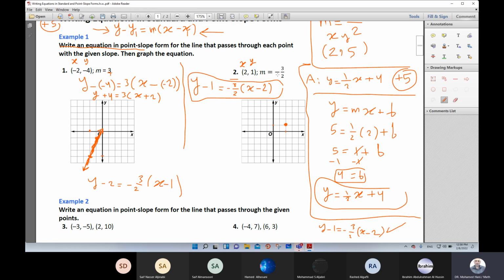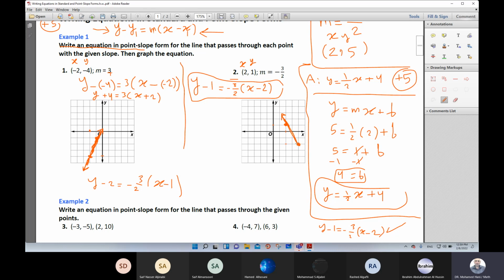The slope is negative, which means go down. So we go 3 units down: 1, 2, 3. Then 2 means go right 2 units: 1, 2. So the point will be here. Then connect the 2 points and you will get the line.